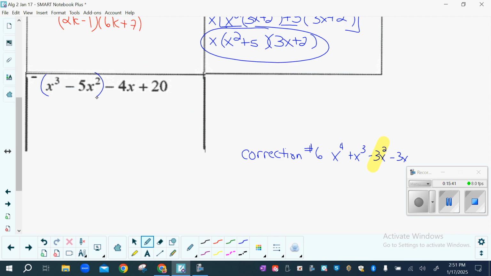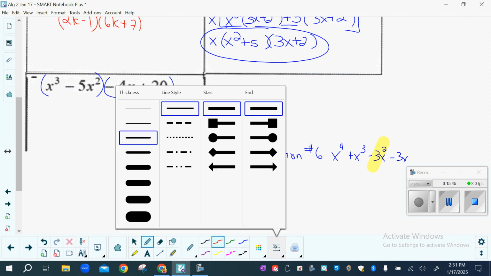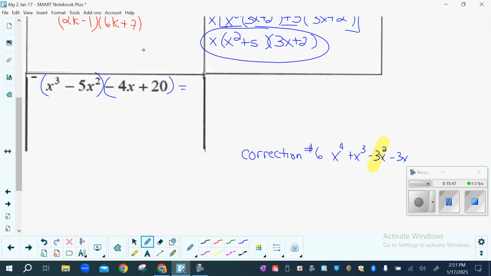Okay, so what's my greatest common factor here on this one? X squared. And then what's left? Let's see, that group back in the corner, x minus 5.